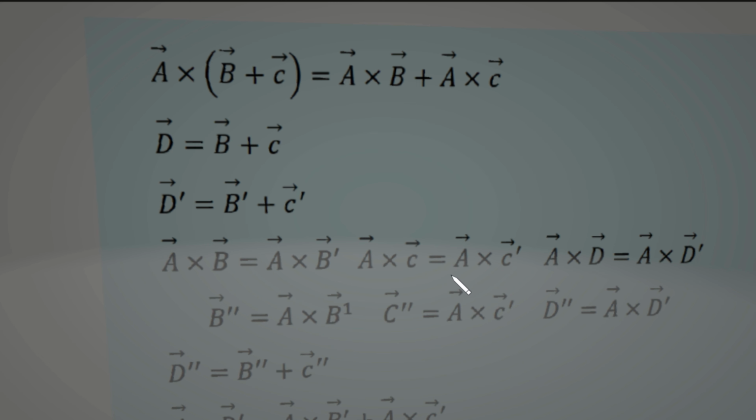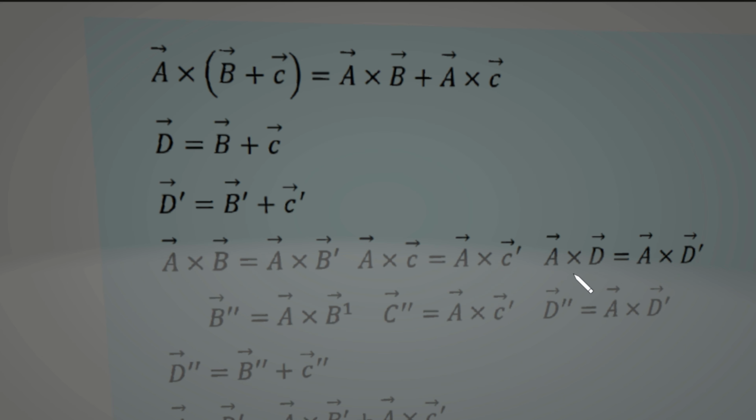That must be equivalent to AC prime. Here the angle between A and C prime is 90 degrees and C prime value is C sin alpha. So A bar cross C bar is equivalent to A bar cross C prime bar, both in magnitude and direction.